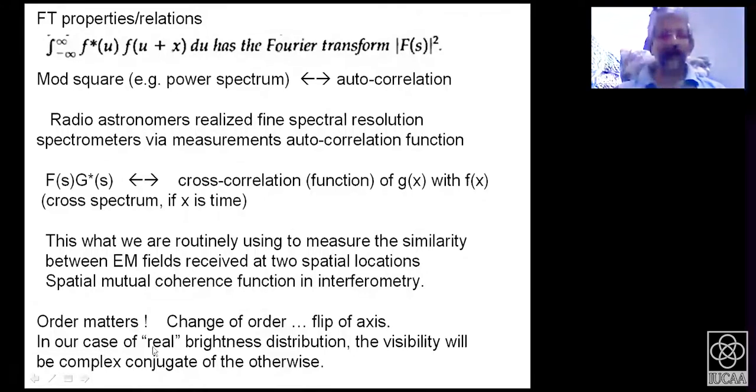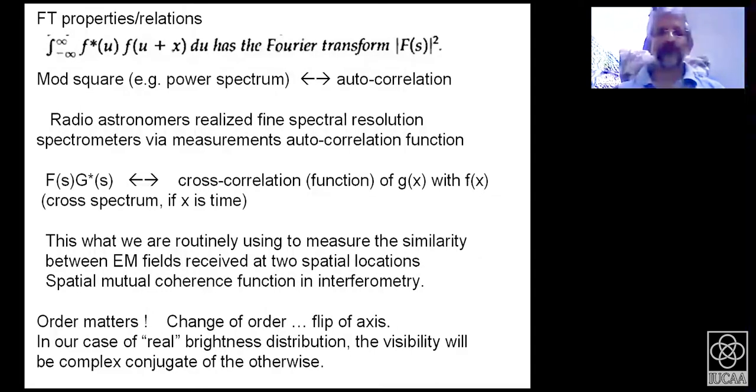Given the case of our imaging of the sky, where the brightness distribution is real, you will find the visibility itself has the property of Hermitian symmetry. And so if you measure it with a pair A and B of apertures, you will find that the measurement the other way, where B is correlated with A instead of A with B, will be related to each other by a simple complex conjugate.